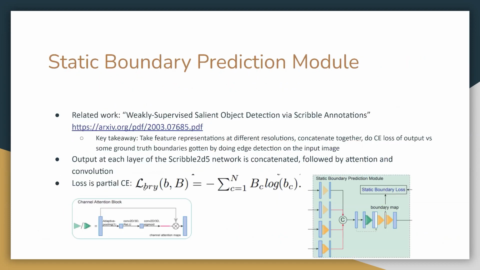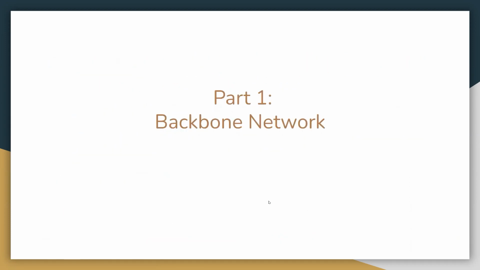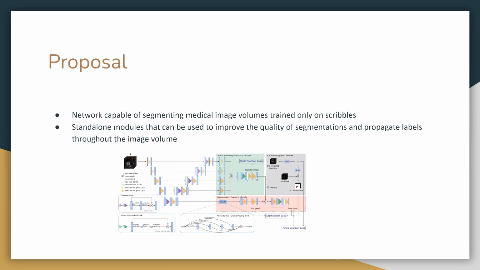which I can show you here. So given this static boundary prediction module where they estimate where the boundaries for your segmentation should end, and given this ASPP block where you get your initial prediction for the segmentation, you further do convolution and channel attention block and concatenate together to get a final prediction.